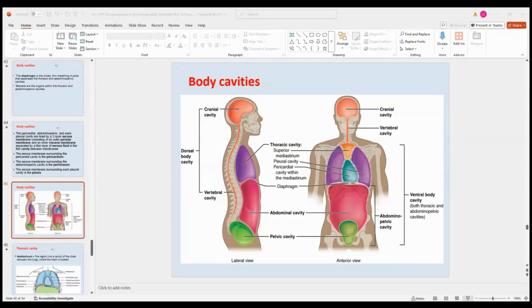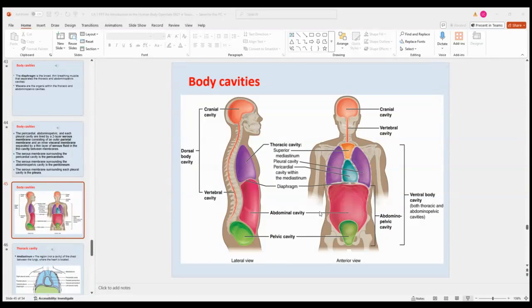Same with the heart, surrounded by pericardium or pericardial membranes. The visceral one on the inside, and the parietal to the outside. So visceral to the inside, parietal to the outside. A thin layer of serous fluid, the slimy lubricating fluid, in between those two membranes.